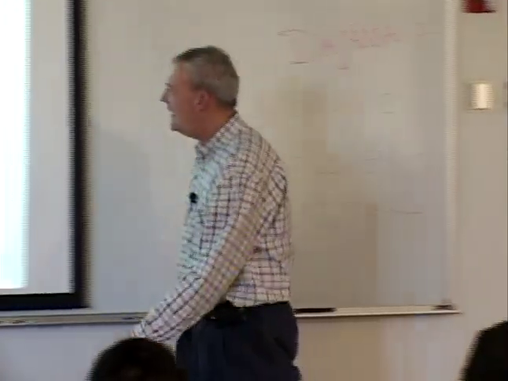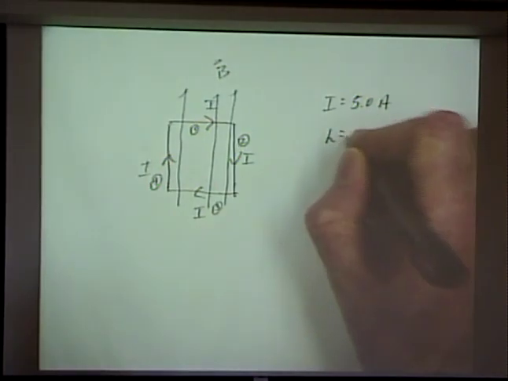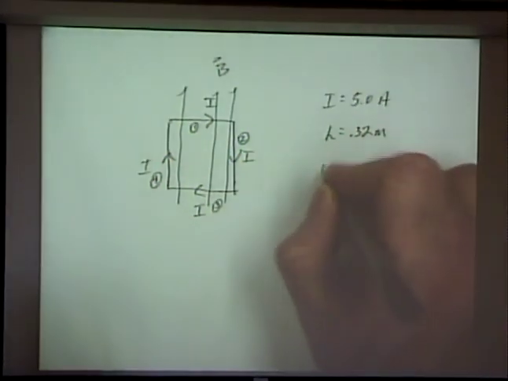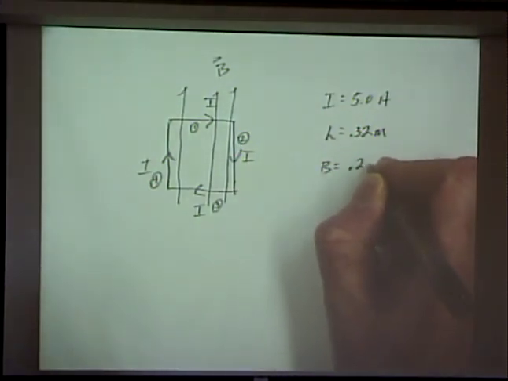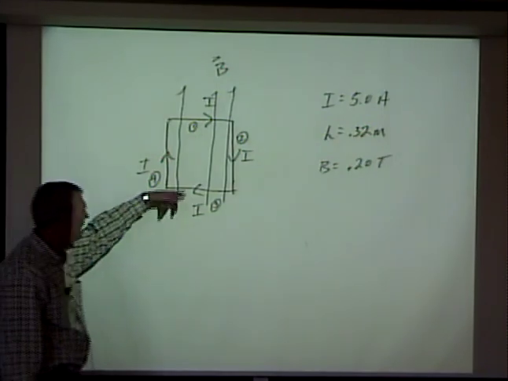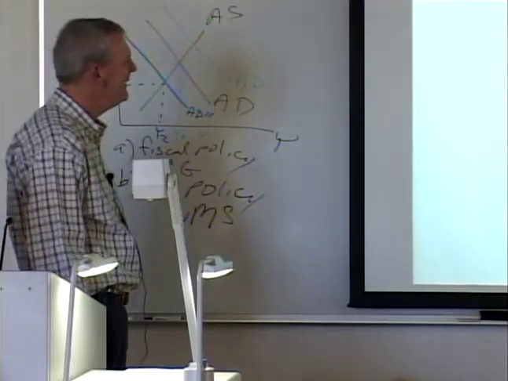Oh, and each leg of this wire has length 0.32 meters, say. And the magnetic field is 0.20 Teslas. Yeah, it's a square, so each one is 0.32. It would be worded much better because I would take it from a textbook, so it would be well vetted.